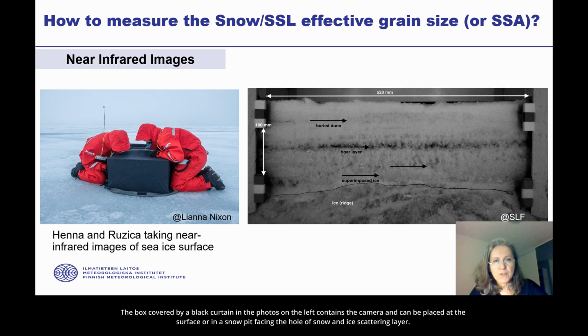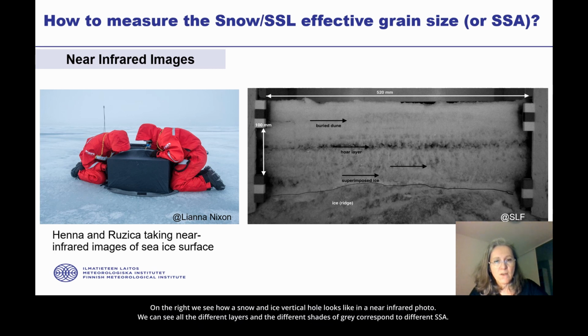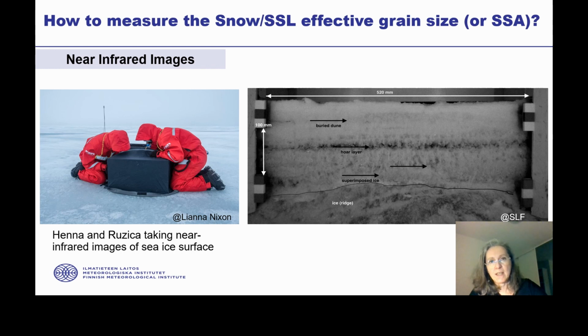The box covered by a black curtain in the photos on the left contains the camera and can be placed at the surface or in a snow pit, facing the wall of a snow and ice scattering layer. On the right, we see how a snow and ice vertical wall looks like in a near-infrared photo. We can see all the different layers, and the different shades of gray correspond to different SSA.